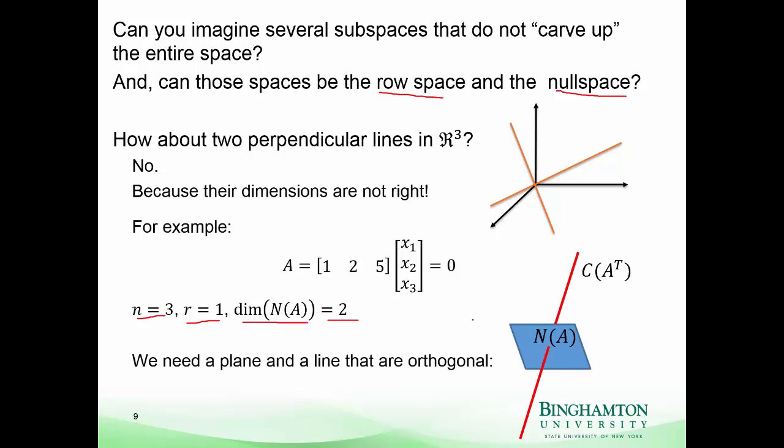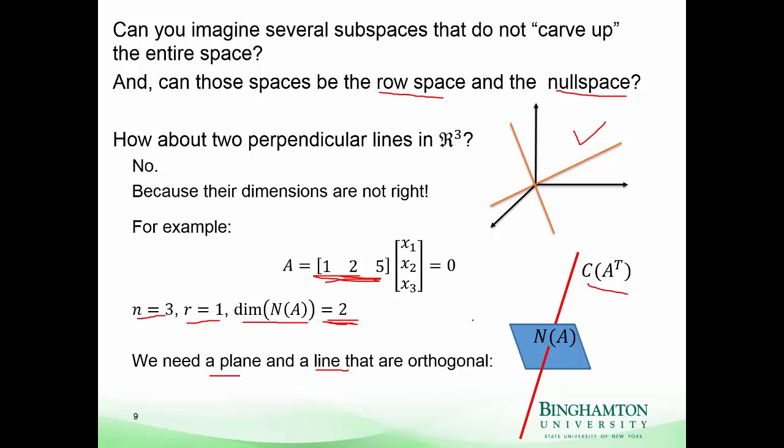So what we would need, we couldn't handle that with two lines, but we could handle that with a plane and a line that are orthogonal. So here's one plane, which could be our null space, since that has dimension of 2, and then the line could be the row space. And I tried to make this line at least somewhat represent that as a column, 1, 2, 5.